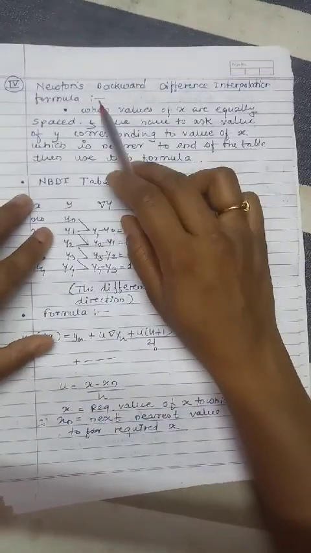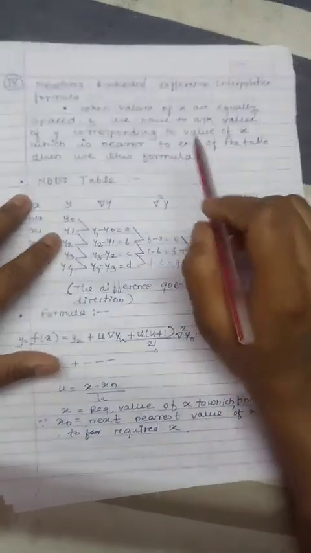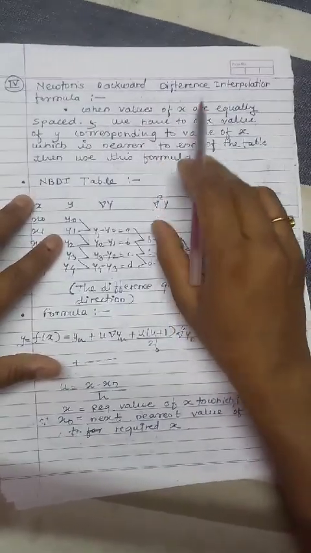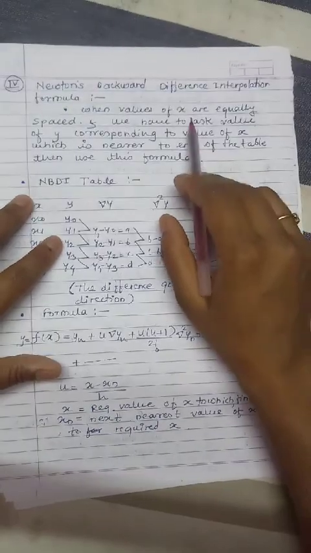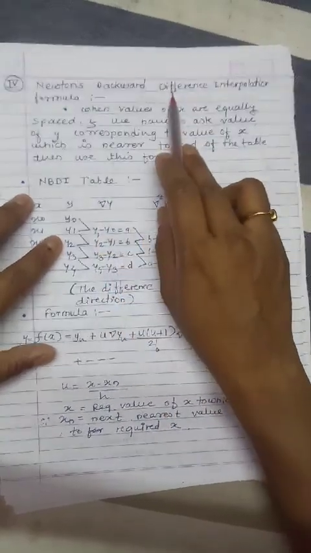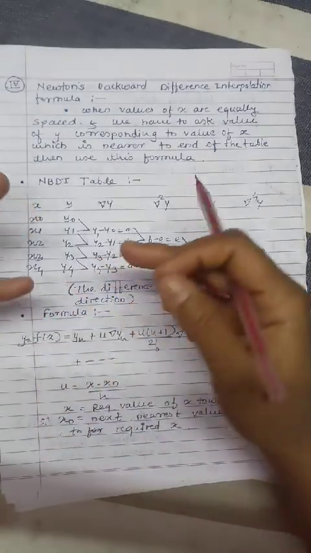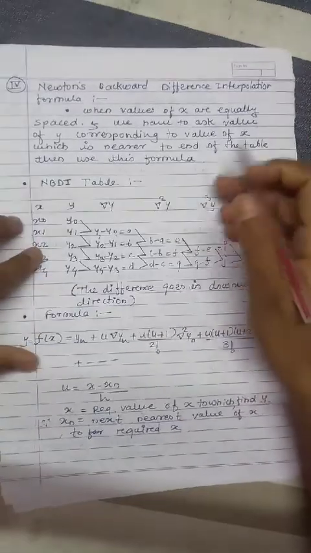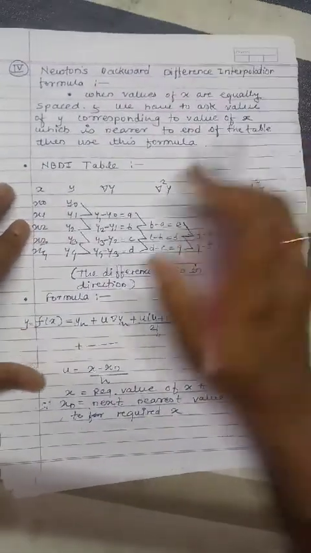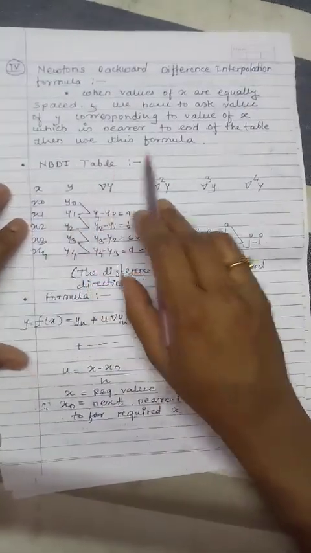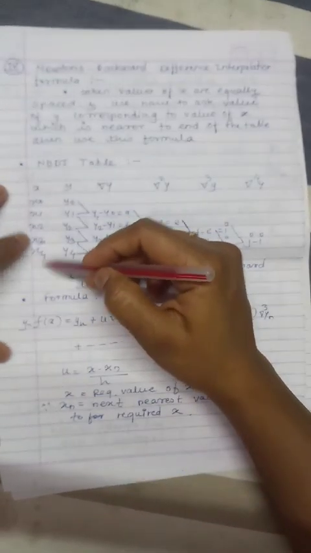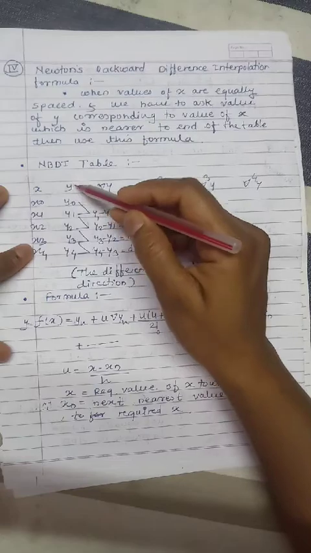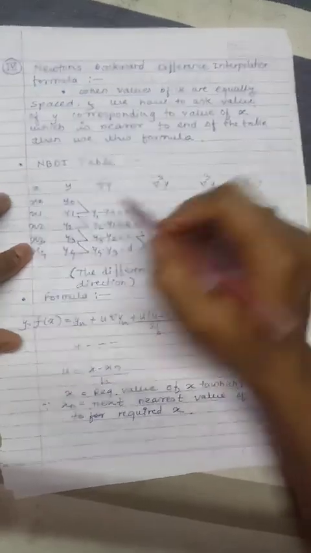So next one is Newton's backward difference interpolation formula. This formula is again used when values of x are equally spaced, and it is used when the required value of x is lying at the end of the values of x. In Newton's backward difference interpolation table, these are the values of x, then the values of y are these.